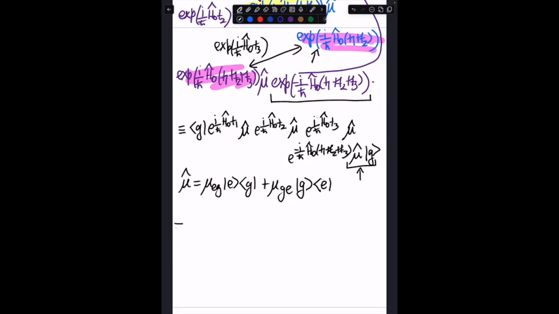So your expression looks like this: mu_eg, and then you have this term acting on ket e. So you have e raised to the power minus i over h bar, h0 acting on the excited state e. Now h0 comprises your system component, bath component, as well as your system-bath interaction.